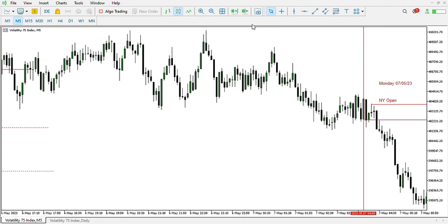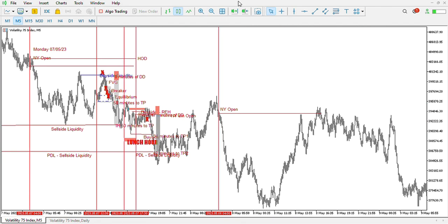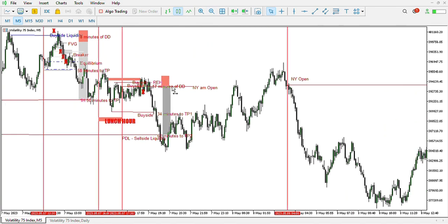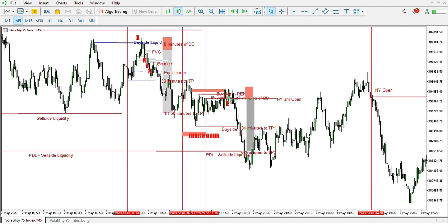And on the 5-minute chart, we have the market came, dropped, took out liquidity below the previous day's low, and then drove higher, taking out this short-term high and that short-term high on the 1 minute. There would definitely be a short-term high there on the 1 minute.